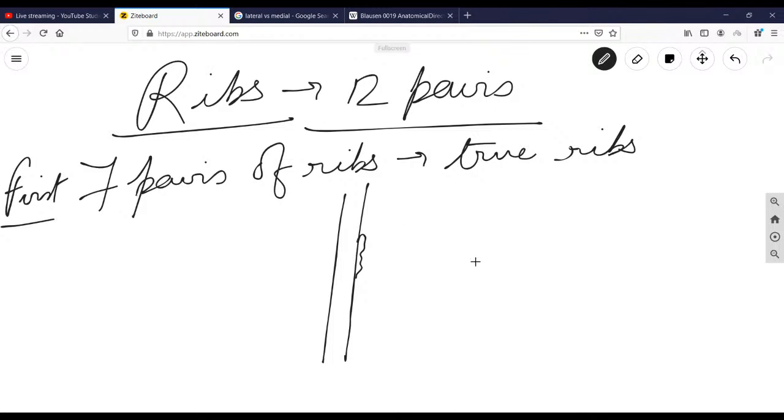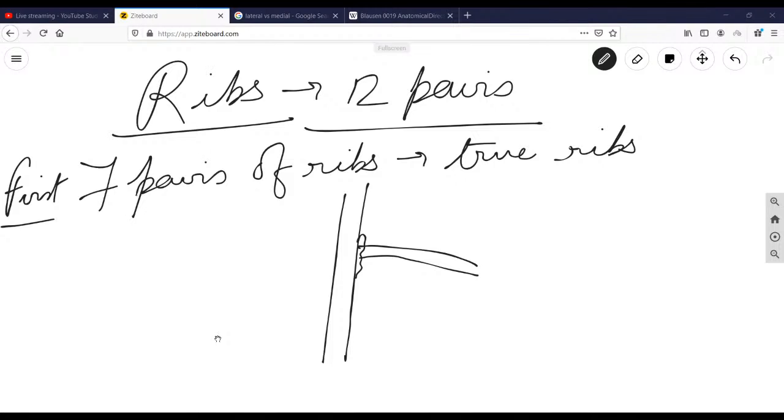So they are attached to the sternum via costal cartilages. Very important. So the ribs that have costal cartilages and attach directly to the sternum are known as true ribs.